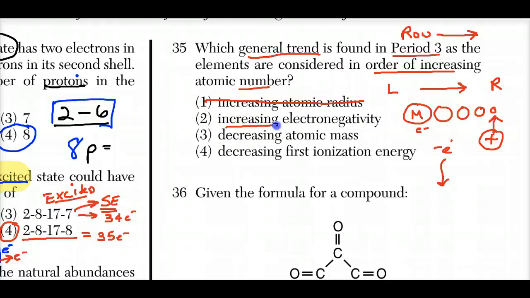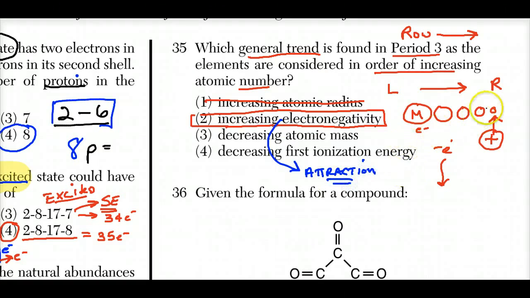Increasing electronegativity is going to be our winner, because electronegativity is a fancy word for attraction for electrons. These attractions are much higher for nonmetals, who are up and to the right in the periodic table, because they have the greatest amount of protons, at least in their row.